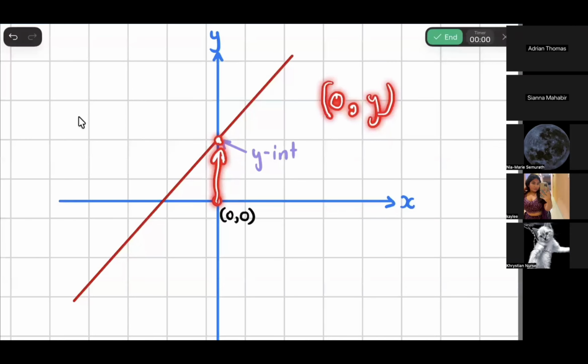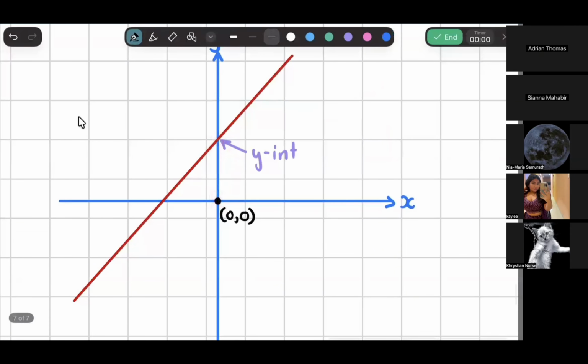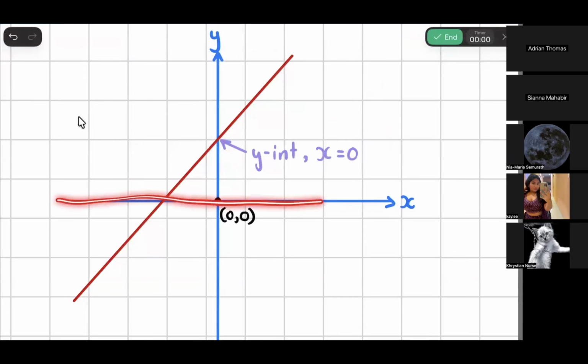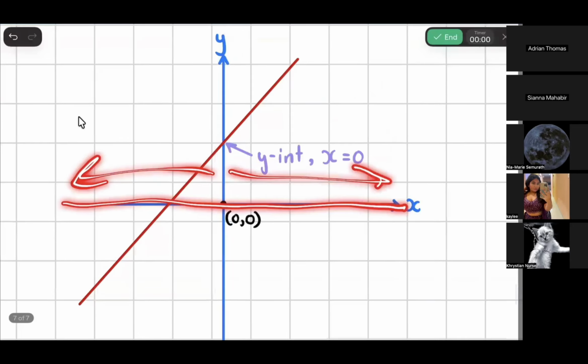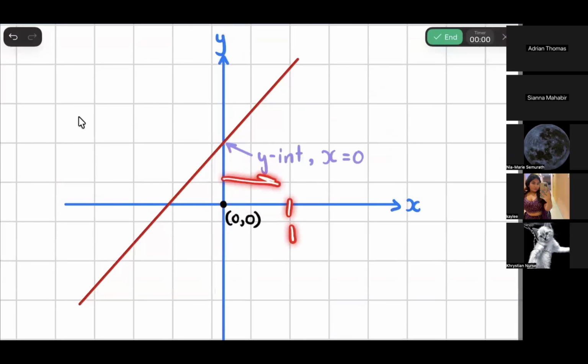So Adrian, we say at the y-intercept, the x value is equal to what? What do you think? Think about it. 0. Check it out. This is the x-axis, right? The x-axis would take you either left or right. Depending on what the x value is, if the x value was 1, I would move 1 space to the right.